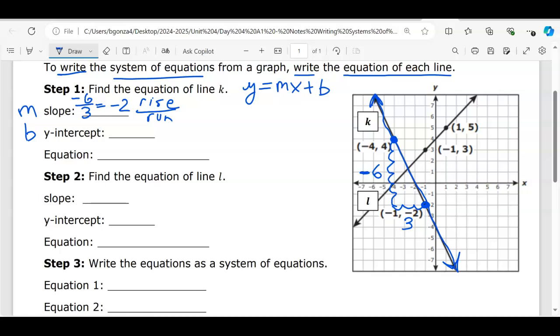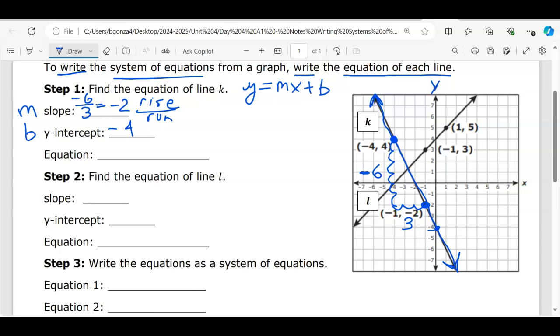Okie dokie. Now, the y-intercept. Where does this line cross the y-axis? So here's y. It touches right here. What number is this? Negative 4. So does everyone see? We counted rise over run for my slope. And then I see this line touches right here at negative 4 on the y-axis.